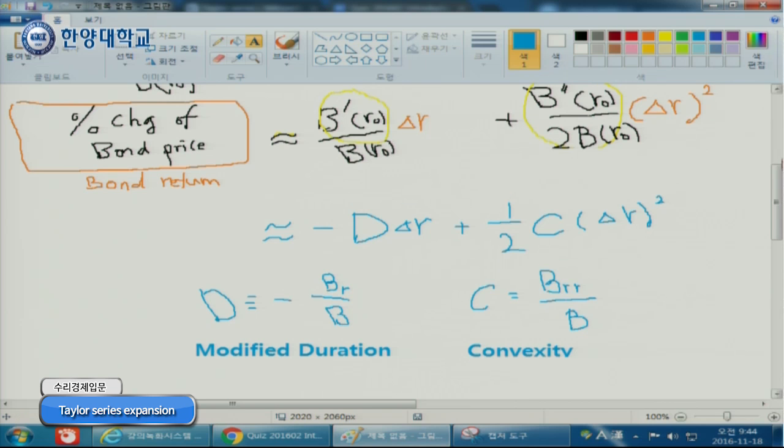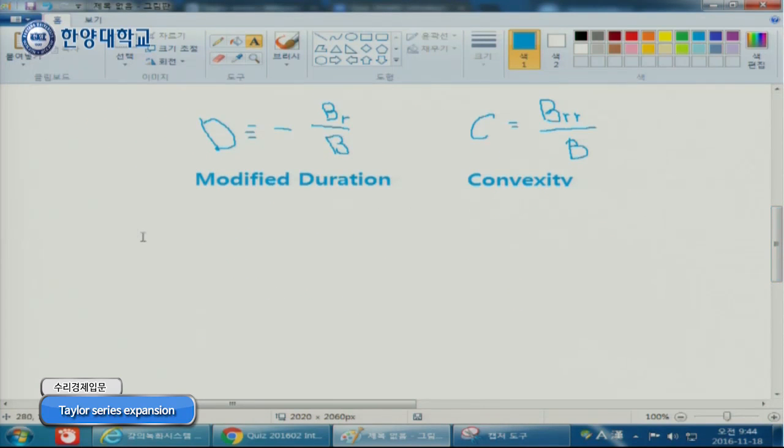So let's write down the bond price again. It's very easy. So bond price. Right? Bond price is the discounted future cash flow, summation of T equals 0 to big T, and then we have cash flow.